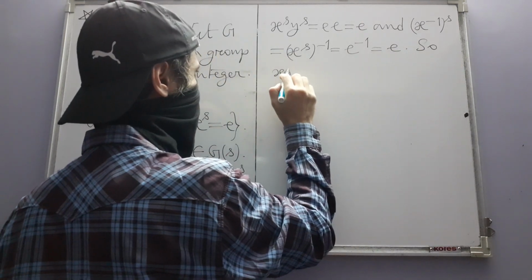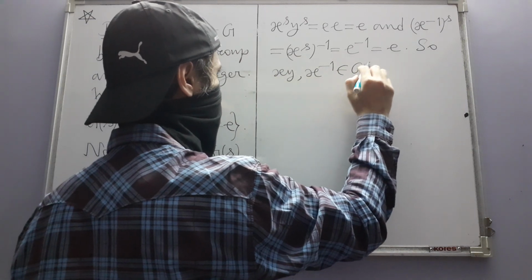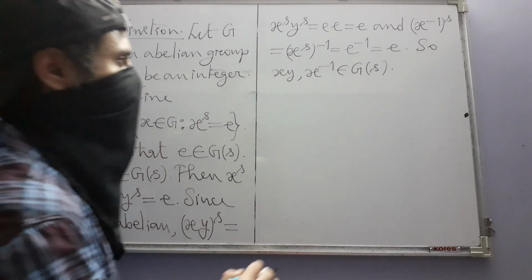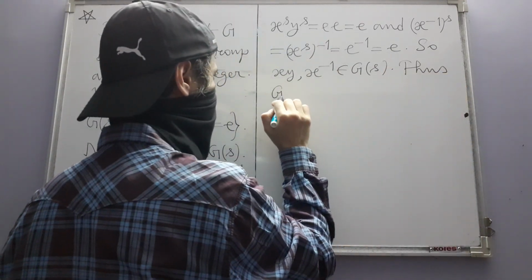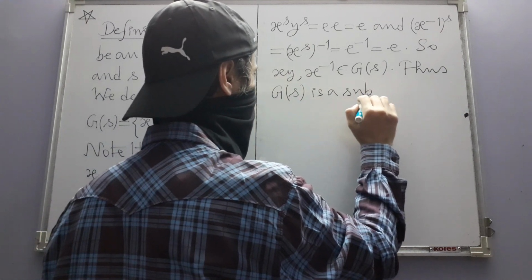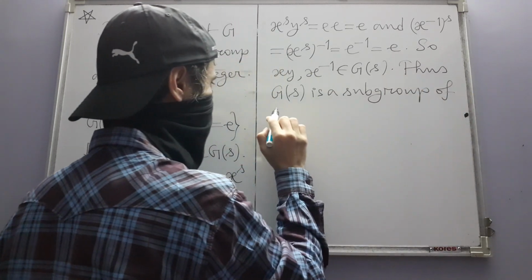So xy and x inverse both belong to G of s. Thus, G of s is a subgroup of G.